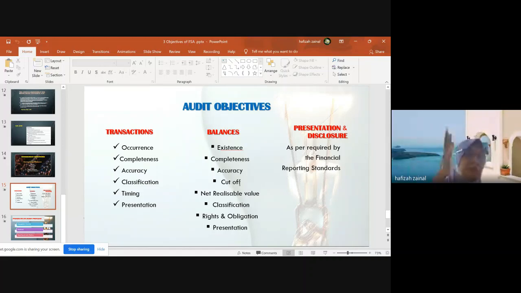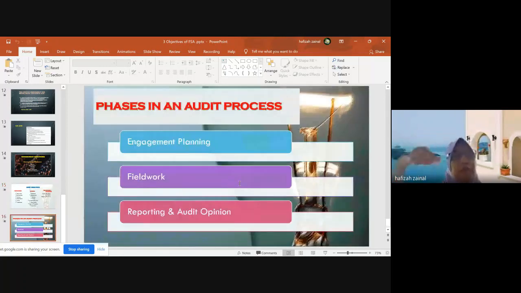So the first part of the semester is just to introduce you to the concepts, but later on will be application. That's why in the next topic, we will cover the audit process. What actually happens in the planning, in the field work, and finally in the auditor's report. So you will cover all these three phases.